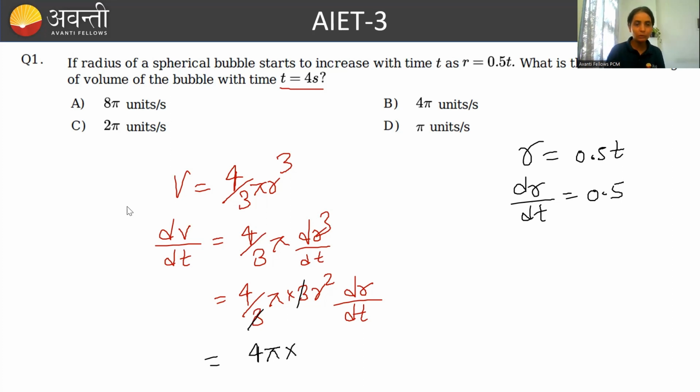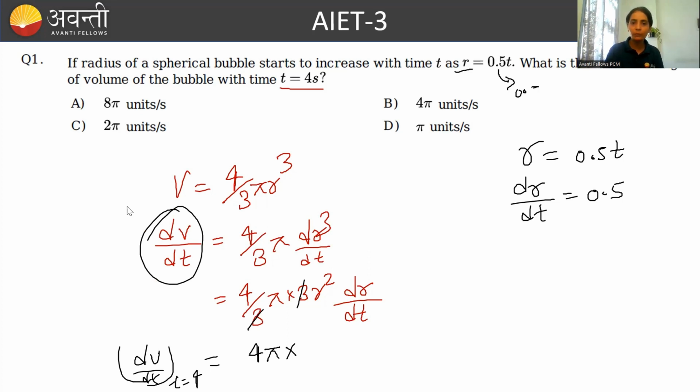So at t equal to 4 seconds, we have to calculate dV by dt. At t equal to 4, the radius value will be 0.5 into 4, that is equal to 2. So here we will write 2 square. The radius value we will take as 2 because at 4 seconds it is 2.